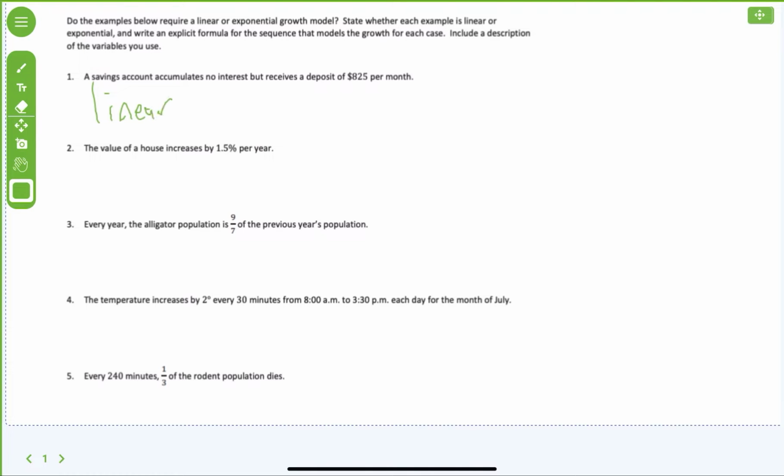So if it's going to be linear, what is the formula going to look like? Let's go with alpha of t is equal to what?